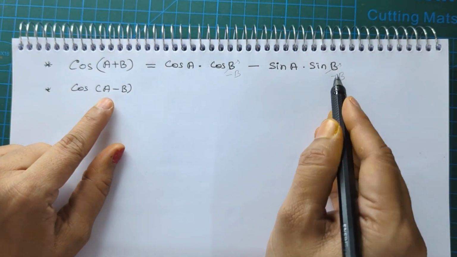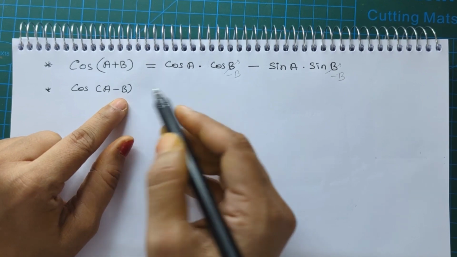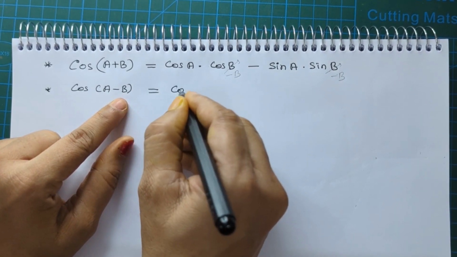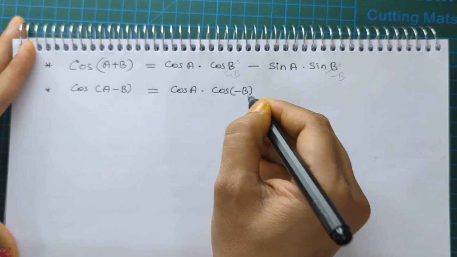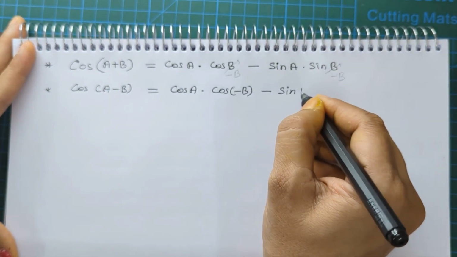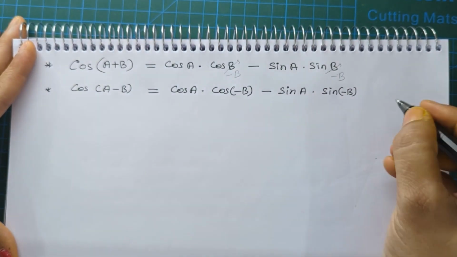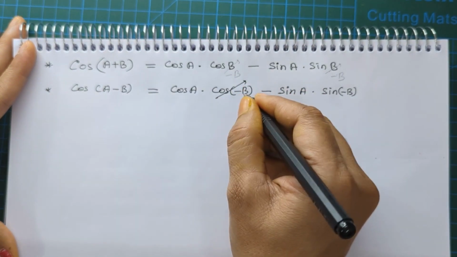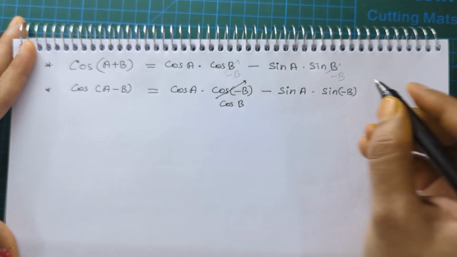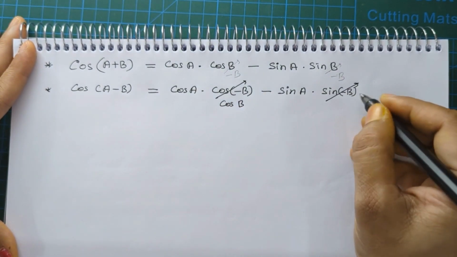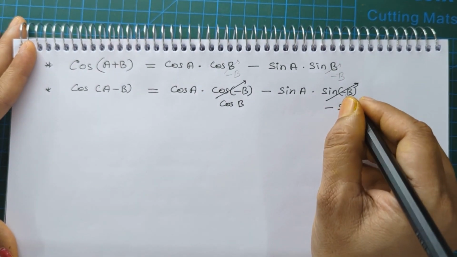It is actually cos A plus negative B. So this is cos A times cos of negative B minus sin A times sin of negative B. Remember, cos of a negative angle is cos of that angle because cos is an even function, and sine of a negative angle is the negative of sine of that angle because sine is an odd function.